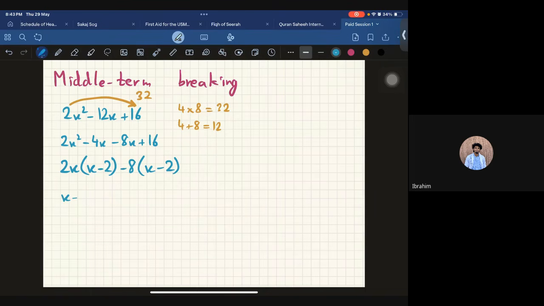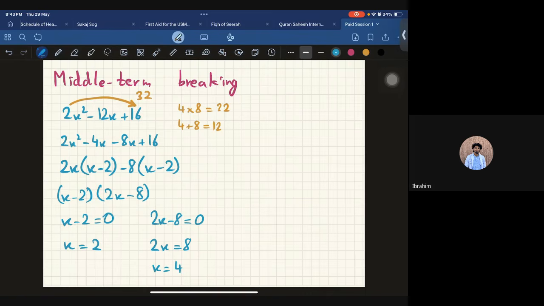We'll take the complete (x minus 2) common. We'll be left with 2x minus 8. Now, once you've gotten the two brackets, we'll equate those with 0 separately. So x minus 2 equals 0 and 2x minus 8 equals 0. So x equals 2, 2x equals 8, x equals 4. Okay?